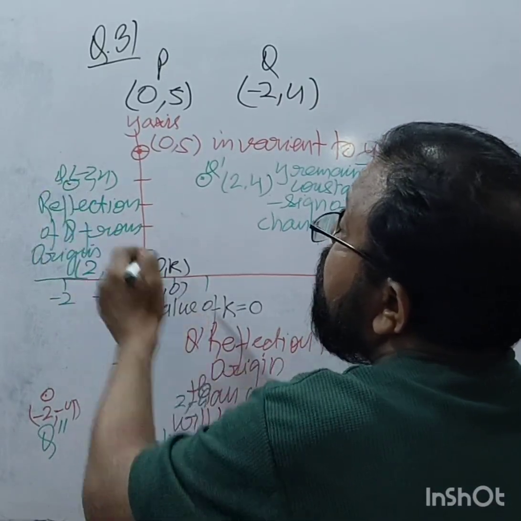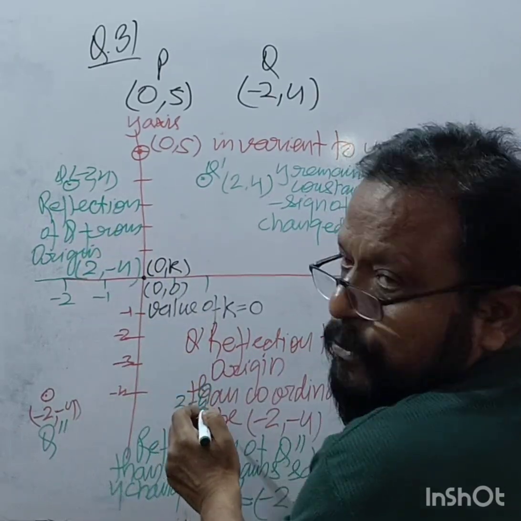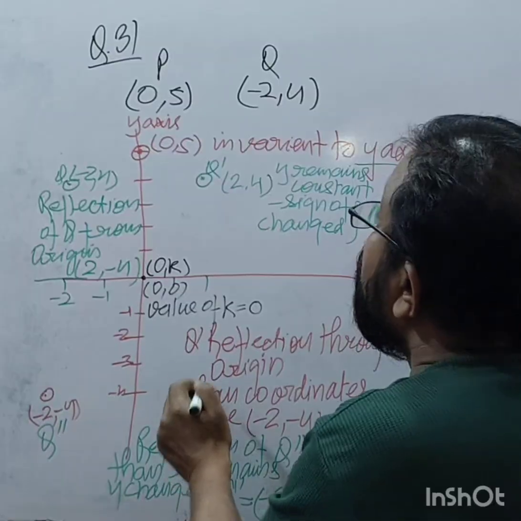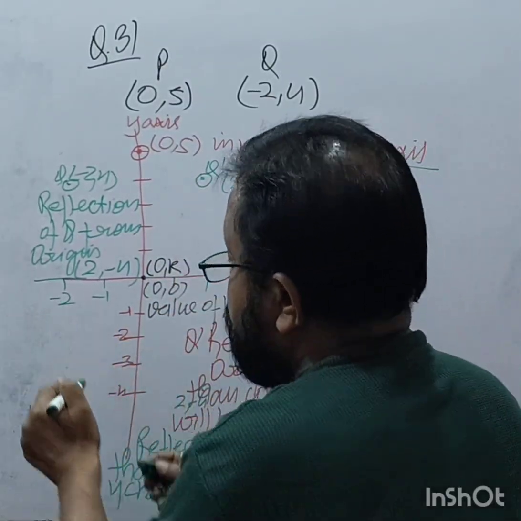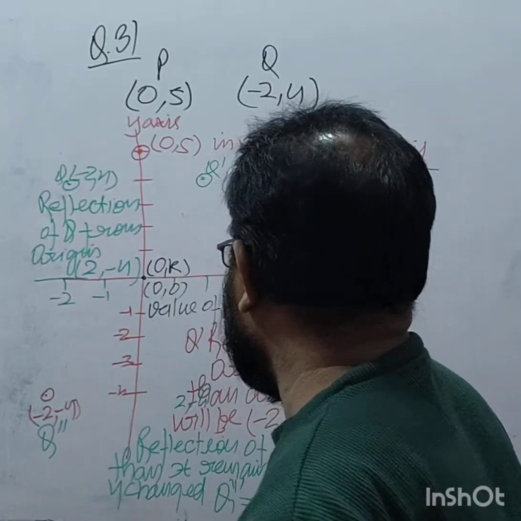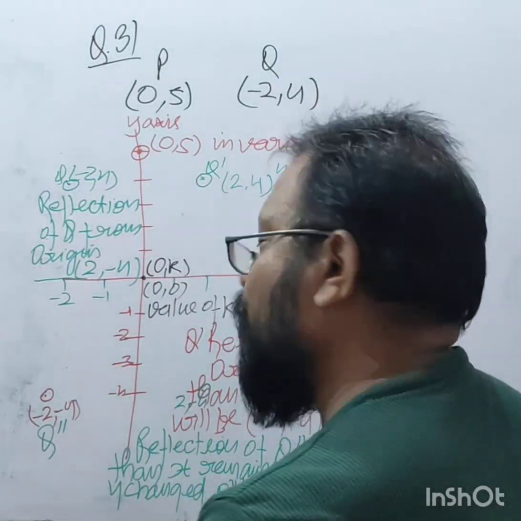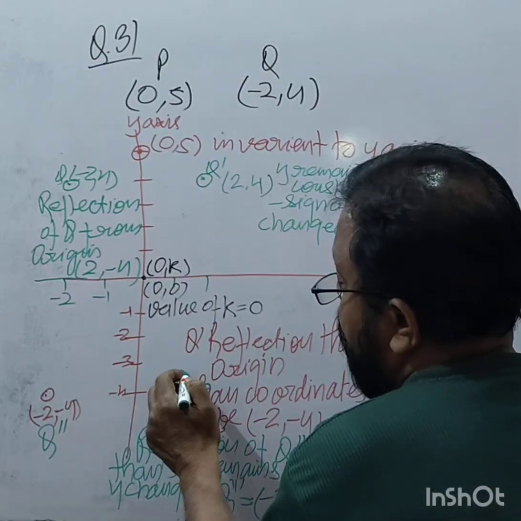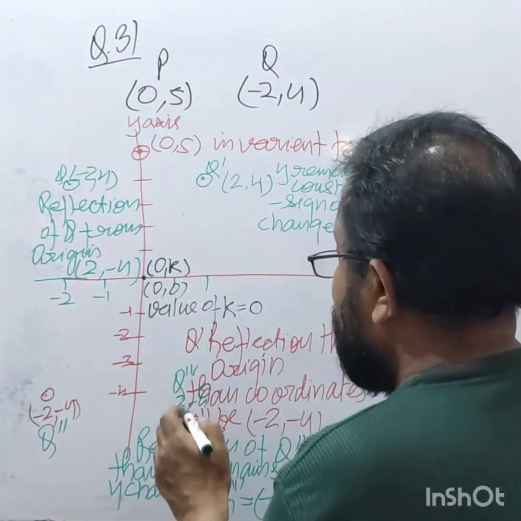When this Q is reflected, the reflection of Q from the origin is 2 comma minus 4. This we call Q4.